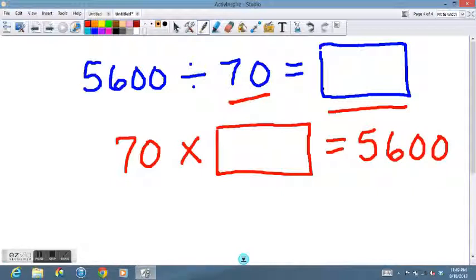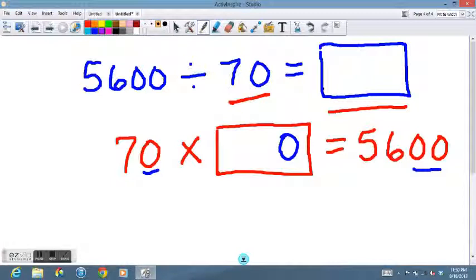Now let's think about what we just talked about with multiplication. First of all, I noticed that my answer has 2 zeros. And so my two numbers that I'm going to multiply together, I have to have a total of 2 zeros. Well, I only have 1 zero here, so I need another 0.